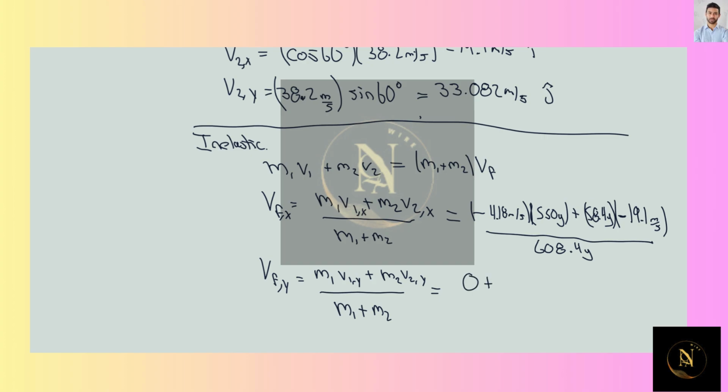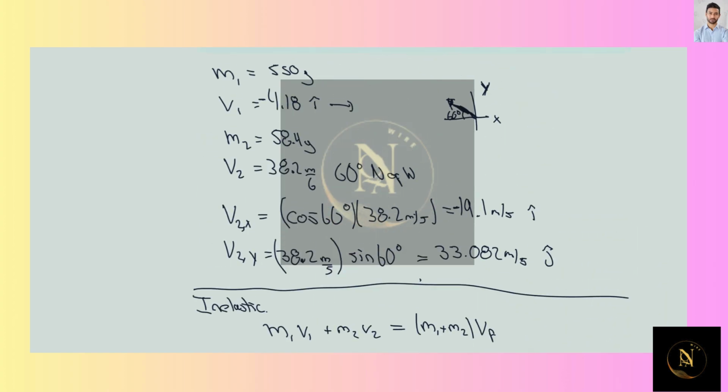And the only one that is going to have a mass and velocity associated to the axis is, in this case, the arrow, 33.082 meters per second. And the velocity is going to be positive. And this we're going to divide by 608.4 grams, which is the total mass. This comes from adding up 550 with 58.4.